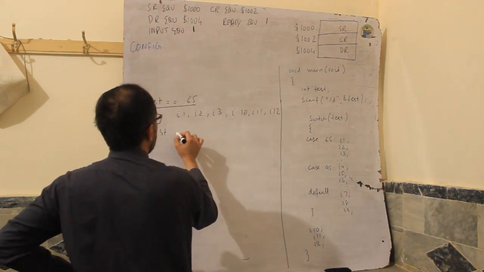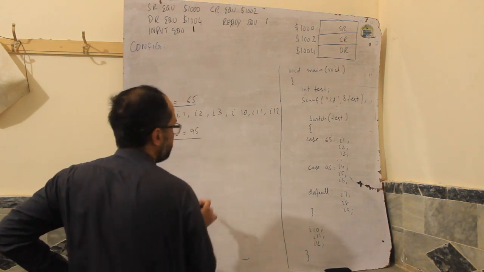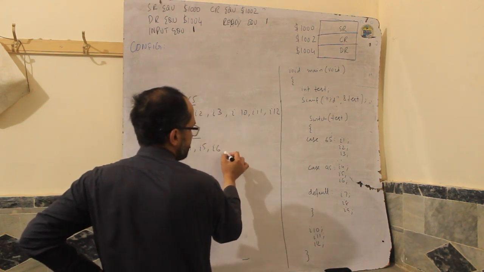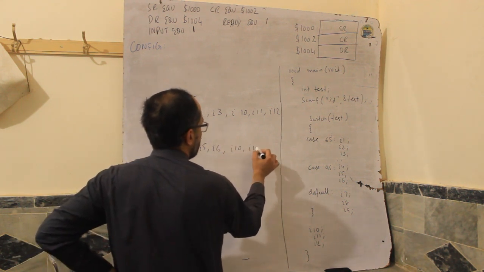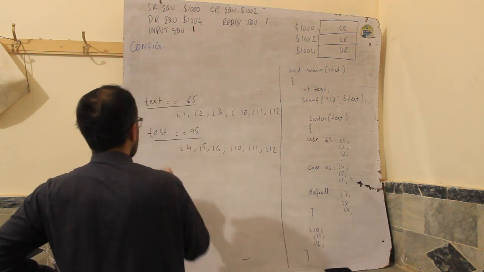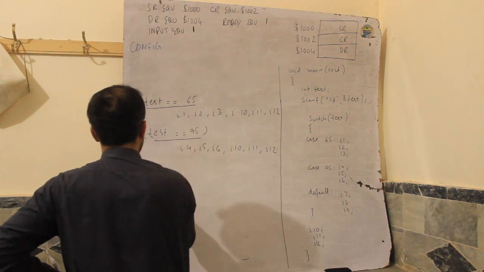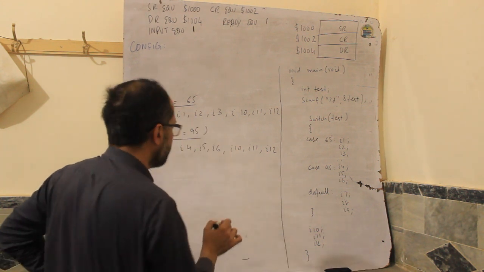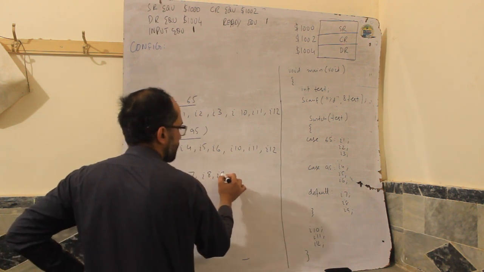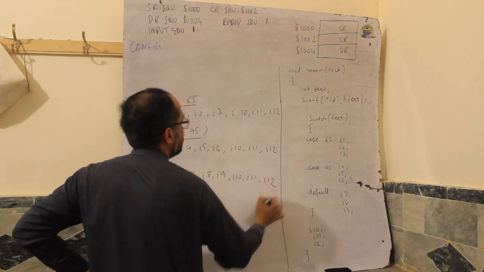Another case, if test is equal to 95, the instructions that will be executed are I4, I5, I6, I10, I11, and I12. And else, in the case of the default statement, the instructions that will be executed are I7, I8, I9, I10, I11, and I12.